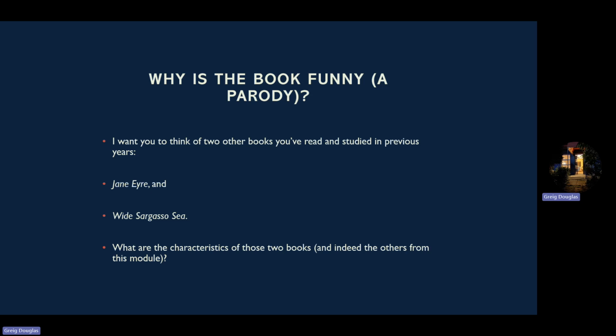Both of these are examples of books that are of a particular genre and time. Jane Eyre is a kind of Victorian Gothic literature, which is again a very particular genre. It has certain features. It does certain things. We, as readers, expect it to be about a particular series of events.